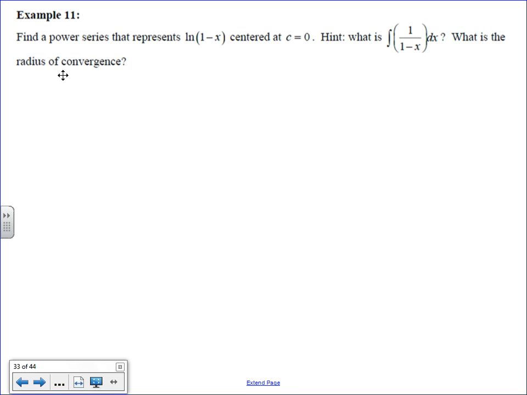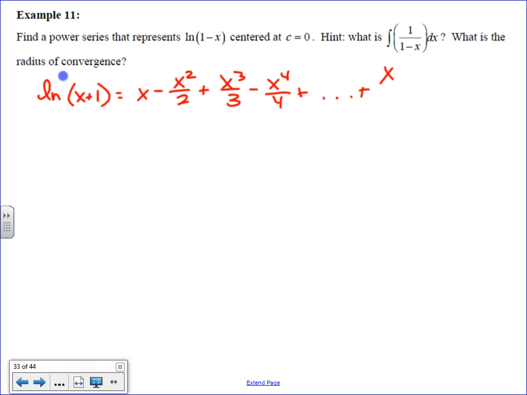So we'll start with ln of x plus 1. What do we got? Wait, you mean the ln of x plus 1? Oh, x plus 1. Thank you. Because it can't be x, because if it started at 0, it wouldn't be possible, because then it would be undefined. Now what? x minus x squared over 2 plus x to the third over 3 minus x to the fourth over 4 plus, etc. Right?